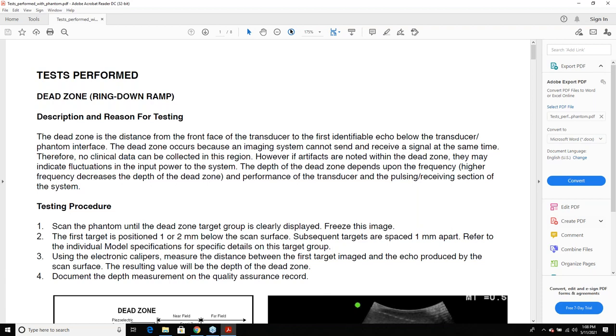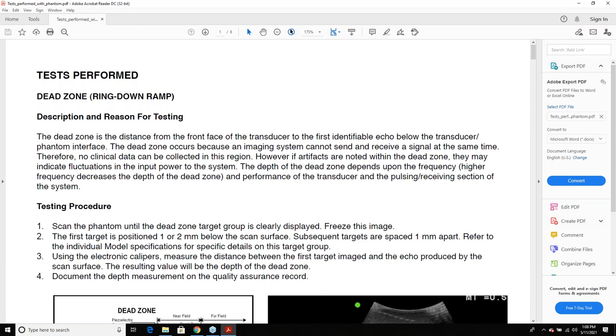It has to have time to go out, hit an object, and then come back and be able to detect it. No clinical data can be collected in the dead zone, which I just mentioned at the beginning of the presentation. We're now up to 33 megahertz, I think, the highest frequency probe I've ever heard of. And now we're getting to where our dead zone's almost non-existent, which is really cool.